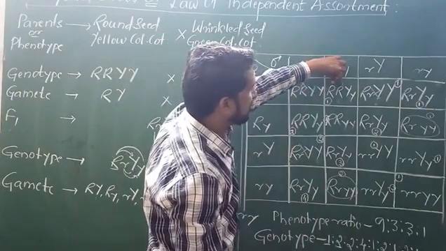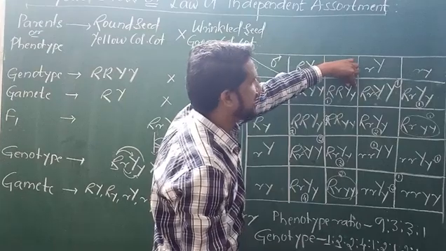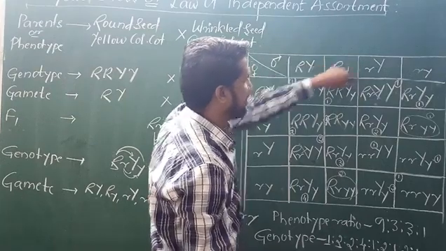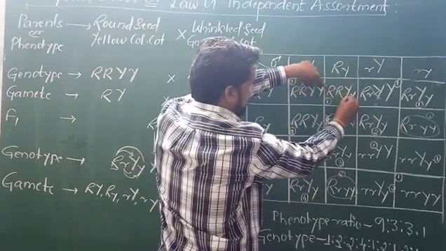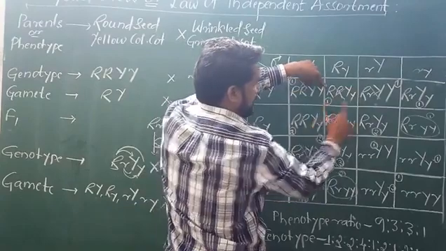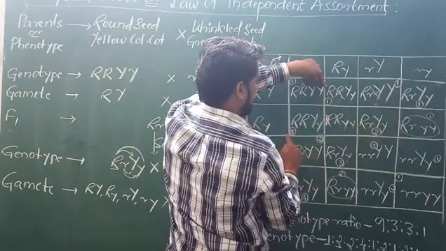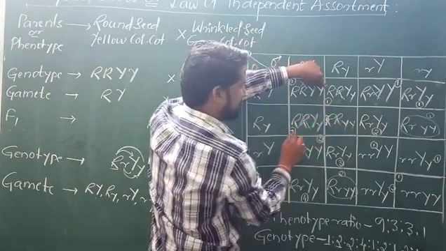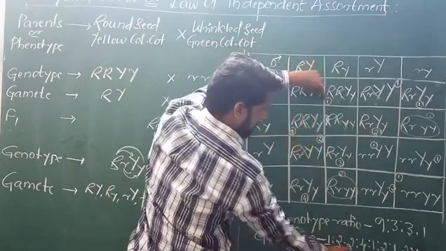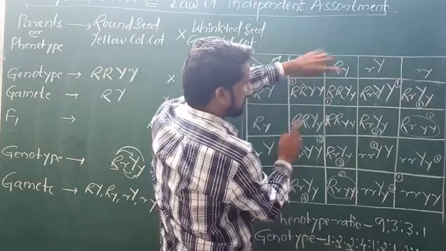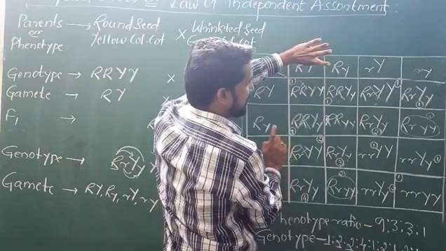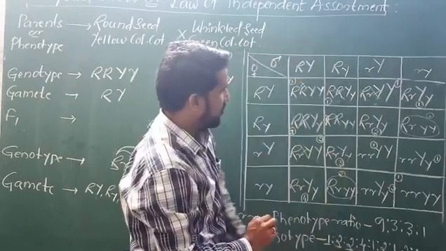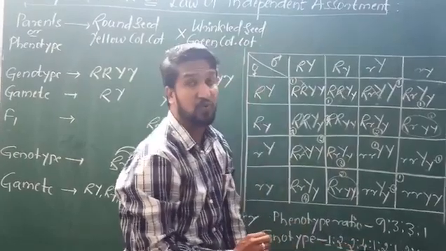Homozygous round with heterozygous yellow color cotyledon. This is the one, left side corner. Here it comes: homozygous round, yellow color cotyledon. Yes, this is the second. This is the 2. This is over. Now 4. What are those 4?